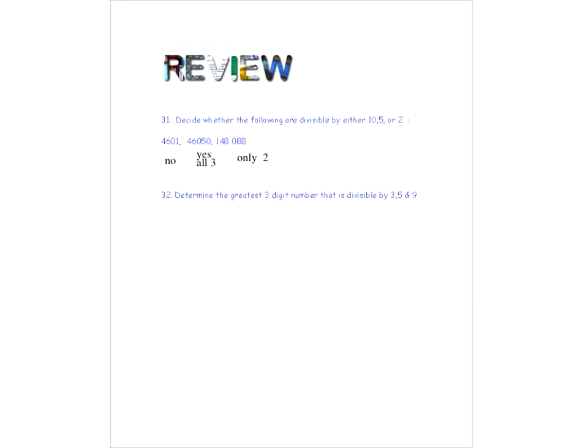All right, next question. Determine the greatest 3-digit number that is divisible by 3, 5, and 9. Huh. Wow. That's kind of a funky one, eh? Divisible by 3, 5, and 9. Greatest 3-digit number. Okay, well the greatest 3-digit number of all would be 999, right? Just to get us started. Kind of in the ballpark.